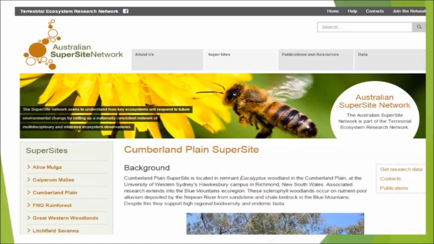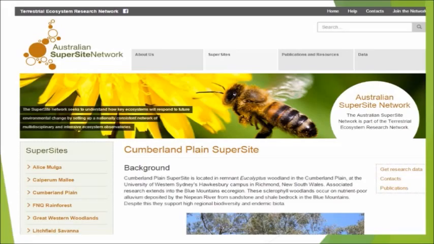This Cumberland Plain woodland is a critically endangered ecological community. It faces major pressure, including invasive weeds, altered fire regimes, urban development, conversion to agriculture, and extreme climate events.